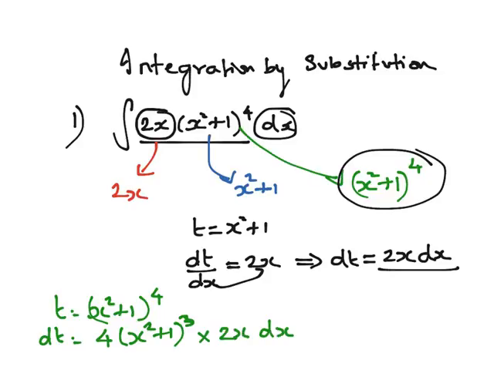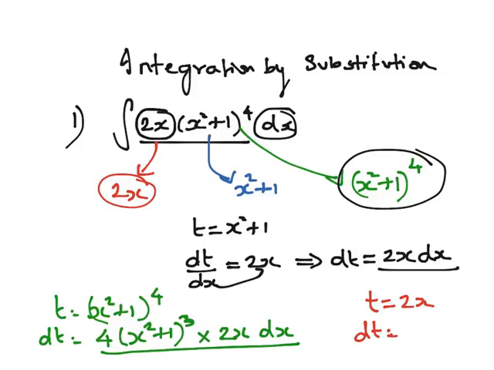As you can see, I don't have this expression in the integrand. And again, if I take 2x as t, then dt equal to 2 dx. As you can see, this is also not going to help me. So I'm not going to use this, I'm not going to use this, and I'm going to use this.